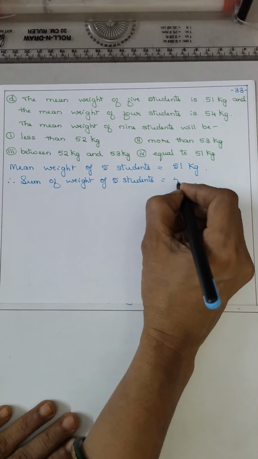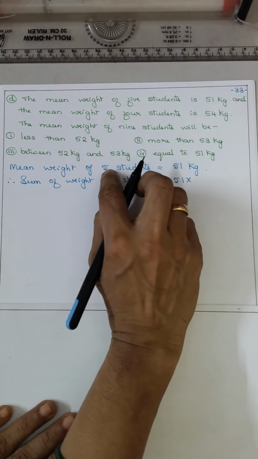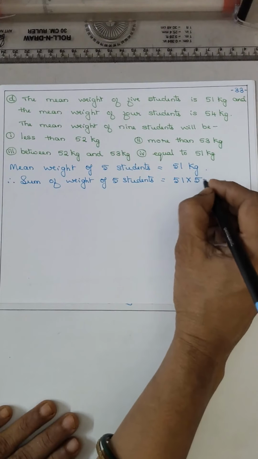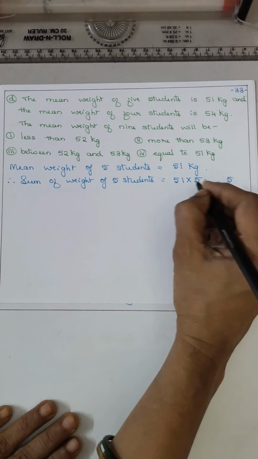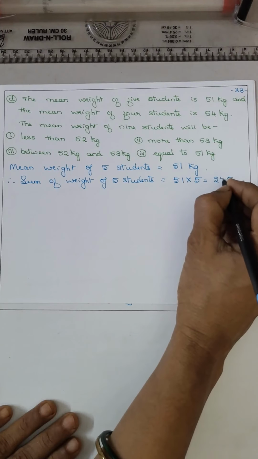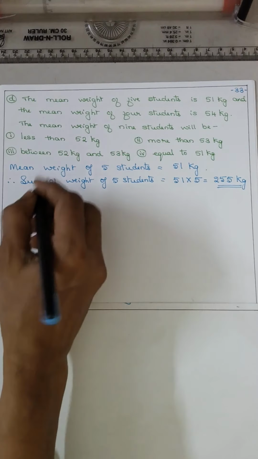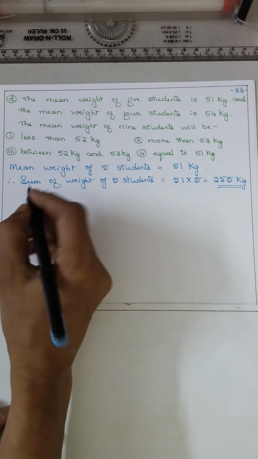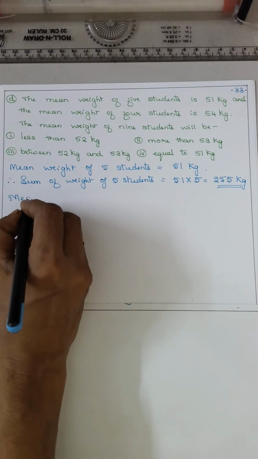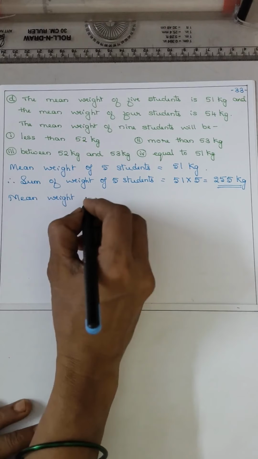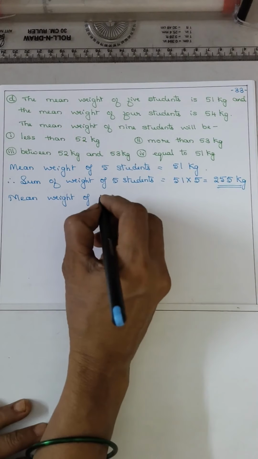So it is 51 into how many students? Mean into number of observations. 5 ones are 5, 5 fives are 25. So you got 255 kg. Now the second step, what is it? The mean weight of 4 students is given.